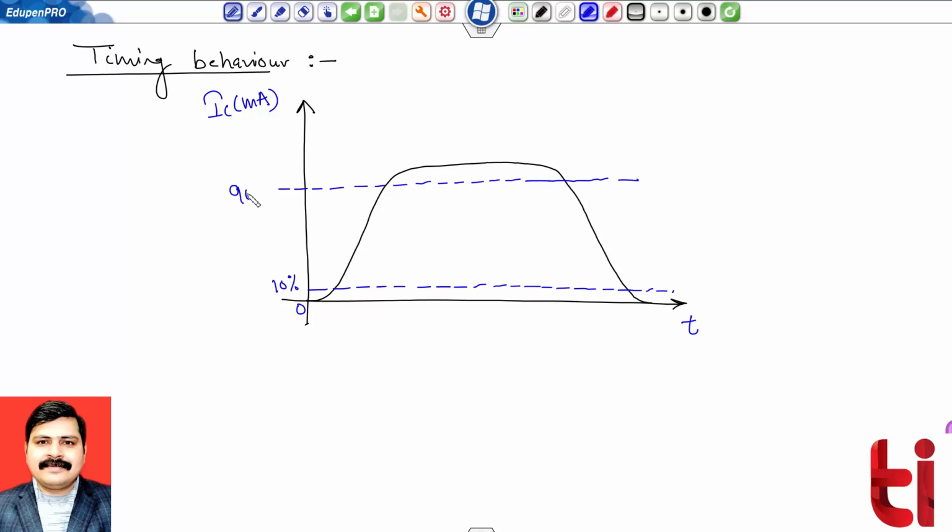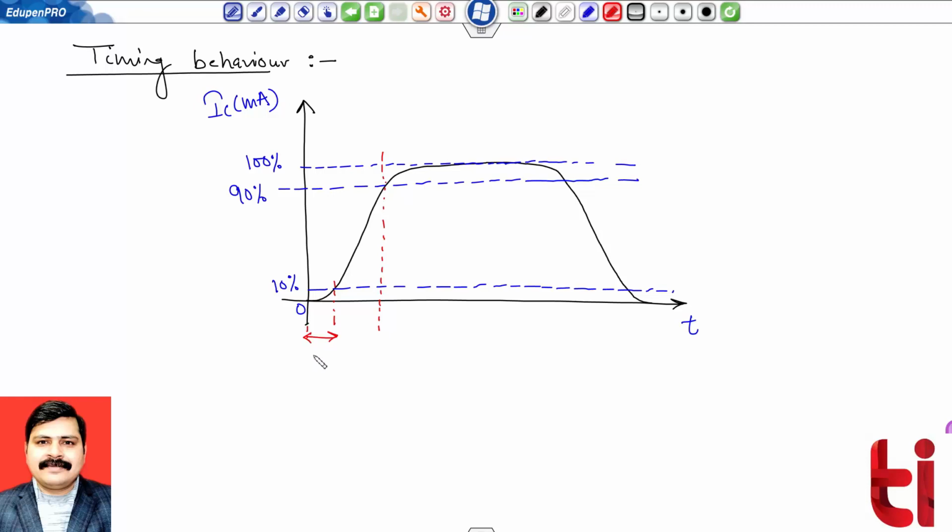Suppose this is the 90% level of the output signal, and here I am highlighting the 100% level of my signal. There are certain time periods which I am defining now.